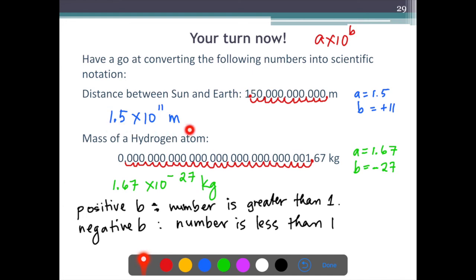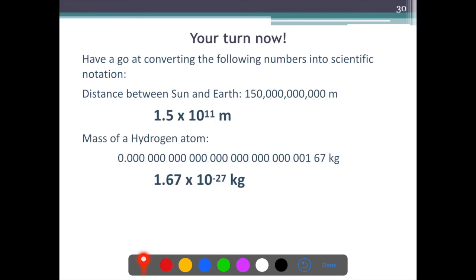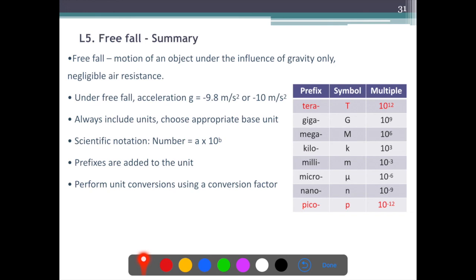In this case, if you want to go from scientific notation to the number, look at the exponent, the power. Since the power is positive, then you know that the number should be greater than 1. And so you move your decimal point to the right so that you end up with a number that is greater than 1. Okay, so those are the answers, which we just worked out earlier.